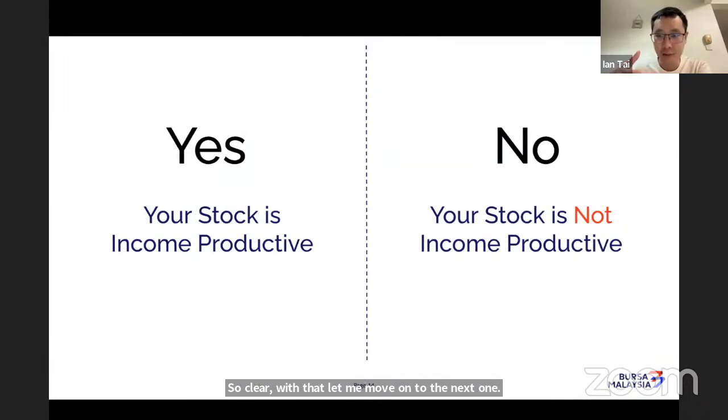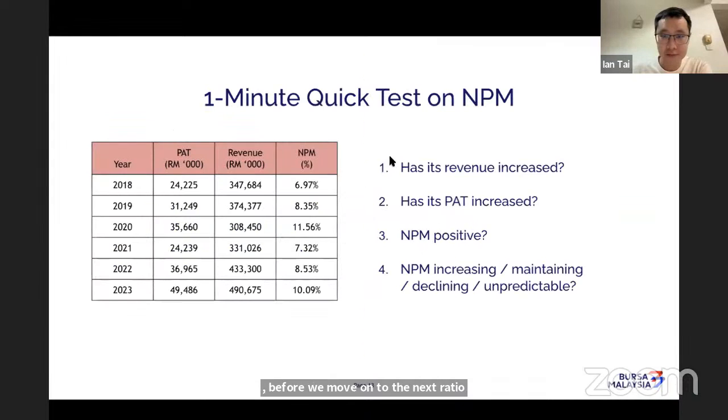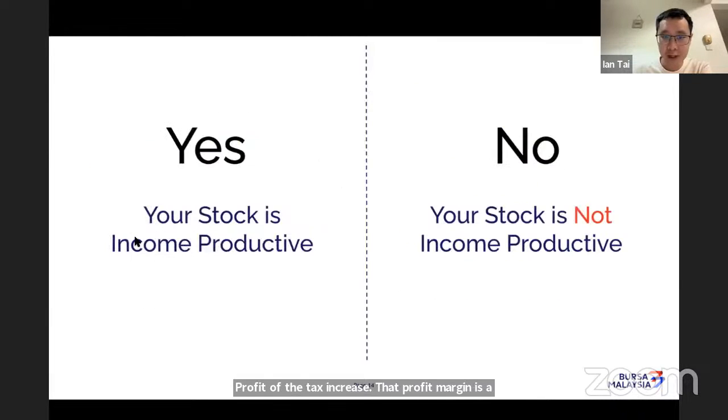Before we move on to the next ratio, all these questions that you ask: revenue increase, profit after tax increase, net profit margin, is it positive, is it increasing or not? If you find that most of the answers here are yes, then I would say that the stock you now own is income productive.